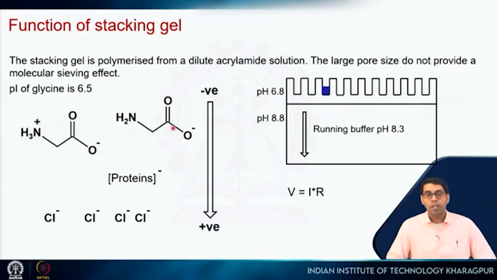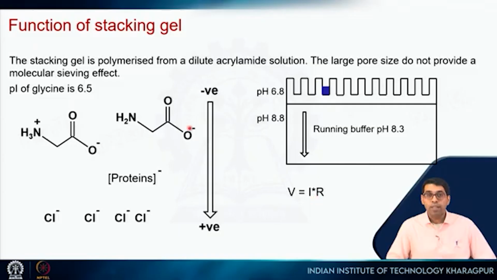Now we are doing our experiment at a constant voltage, and V equals IR. In the region where the glycine ions are moving, since you have very few negatively charged ions, your current becomes low. There are fewer ions carrying the current, but the current is constant throughout, so there is no accumulation of charge.